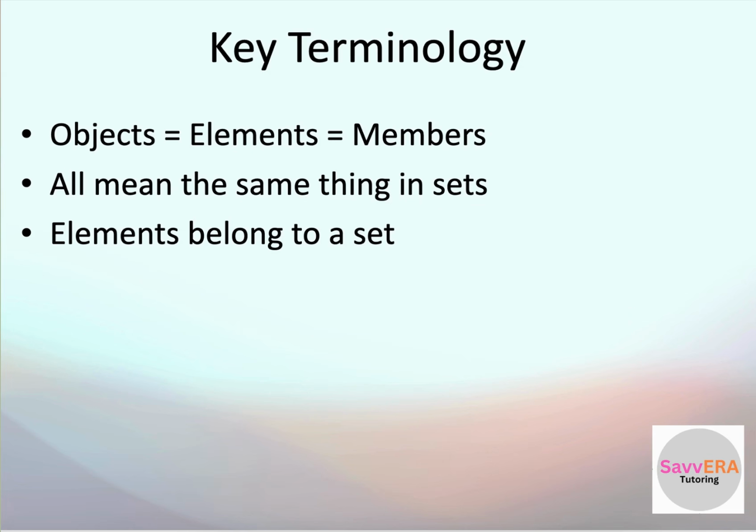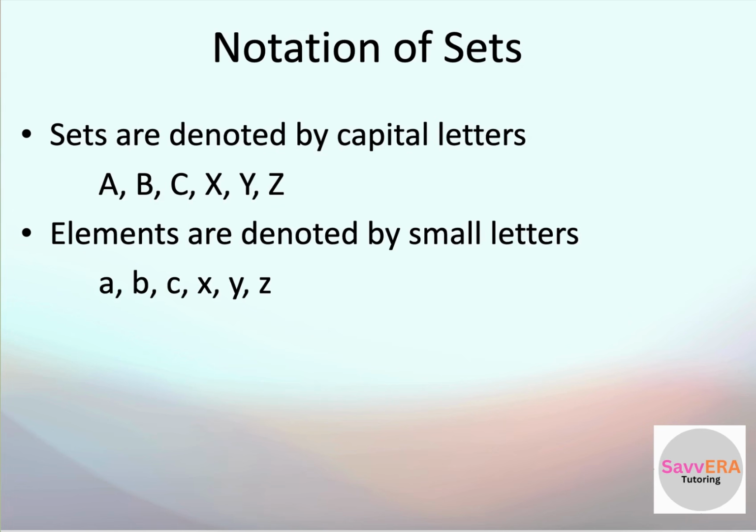Someone might use the word object, another might use elements, another might use members, but they all mean the same thing in sets. And elements belong to a set. We will go into more detail as we progress as to exactly what a set is or how it looks, and the notion of sets.